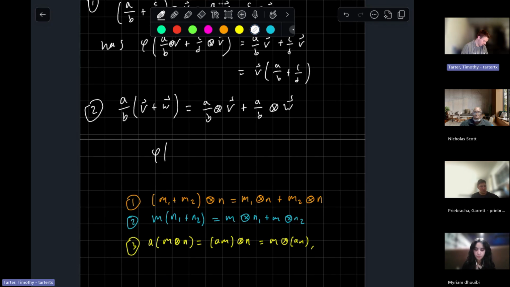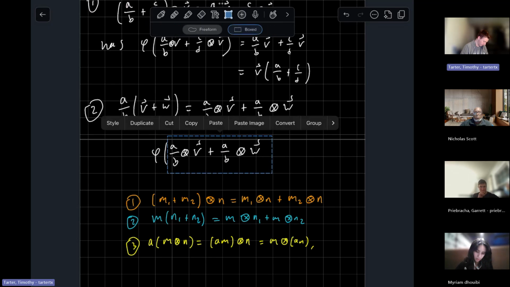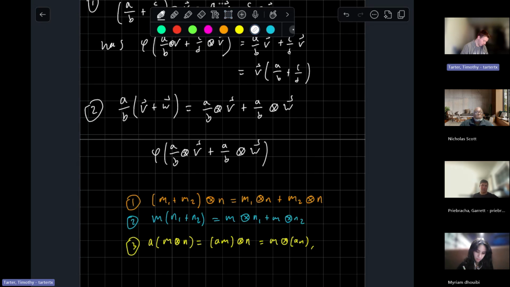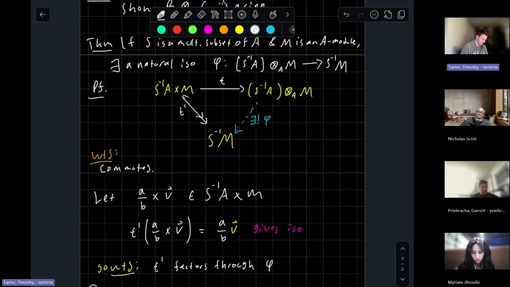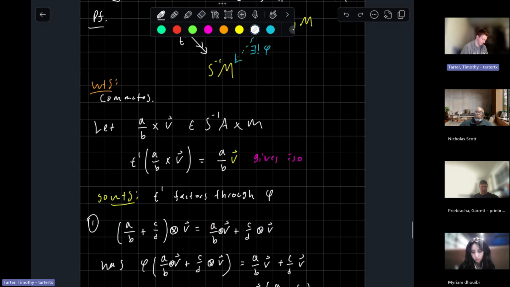So phi of this definitely factors to A over B times V plus A over B W. And that's definitely in S inverse M.